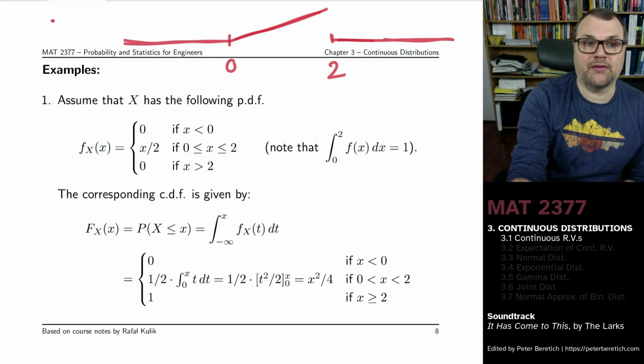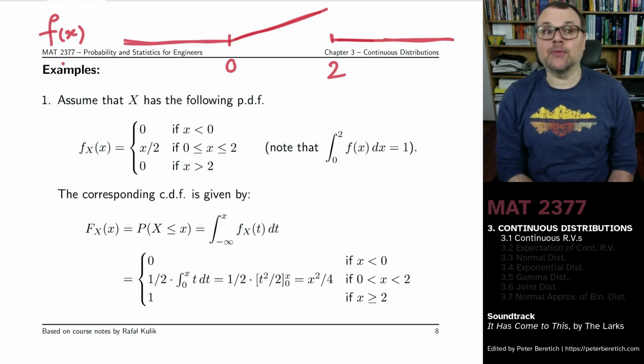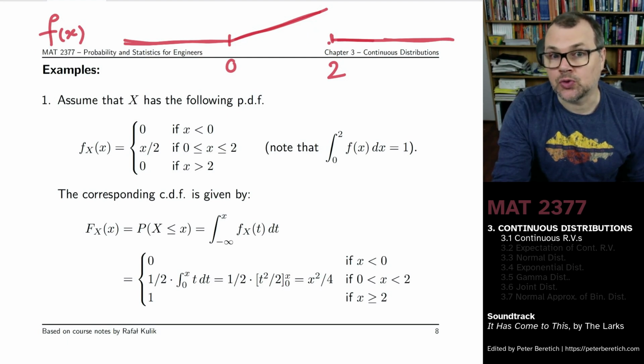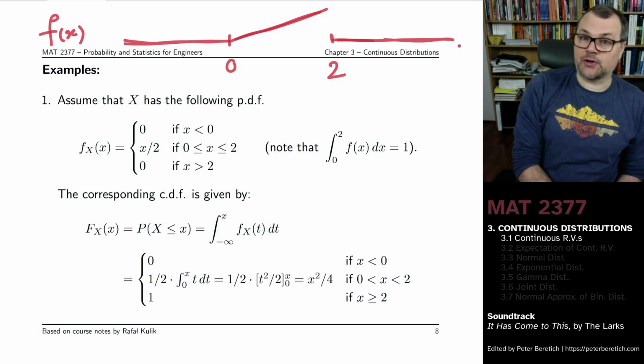This is the PDF. What this is telling you is that if you draw a random number according to this PDF, you are more likely to pick a number close to 2, smaller than 2, but close to 2, than a number which is close to 0. And you are completely unlikely, in fact, it's impossible for you to pick a number which is smaller than 0 and a number which is greater than 2.